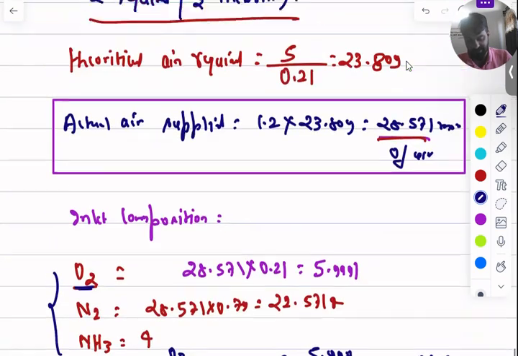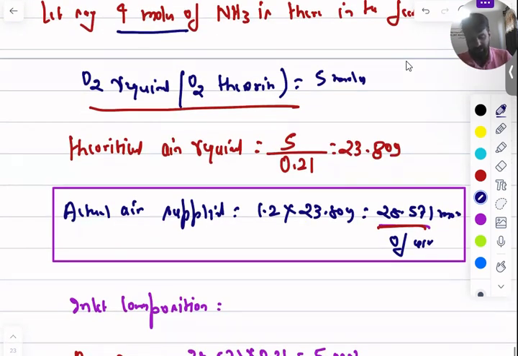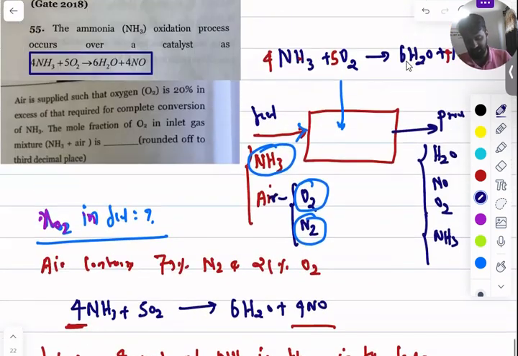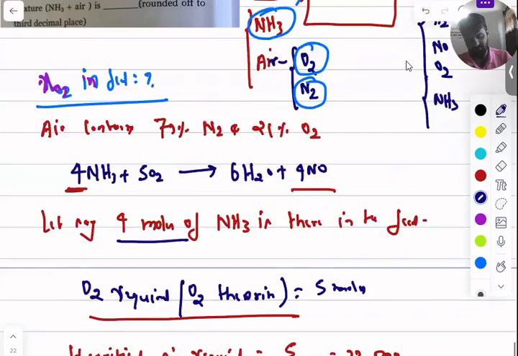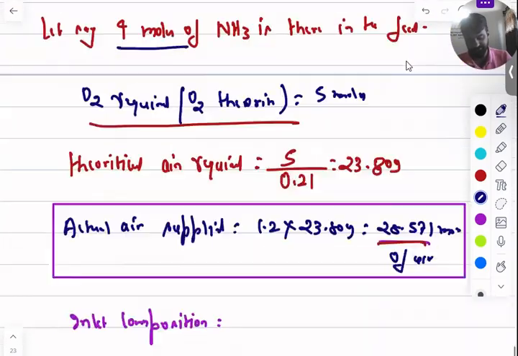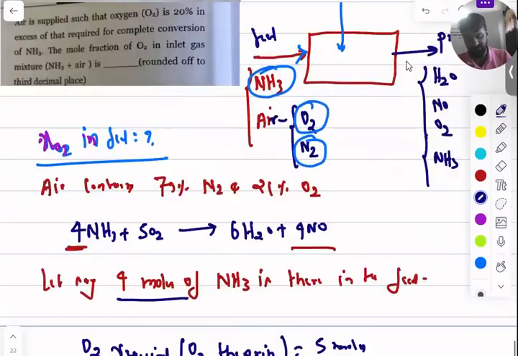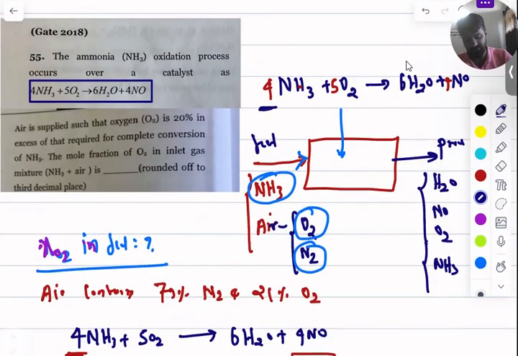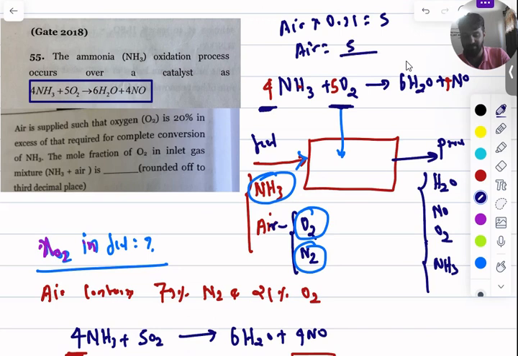So basically what I did in this particular problem, we calculated how much air is required for the complete combustion, right? So we know from this particular reaction, if I assume 4 moles of NH3 is there, then 5 moles of oxygen is required. But how much air is required, I have calculated. So since air multiplied with 0.21 will give you 5, how much air will be there? 5 divided by 0.21.